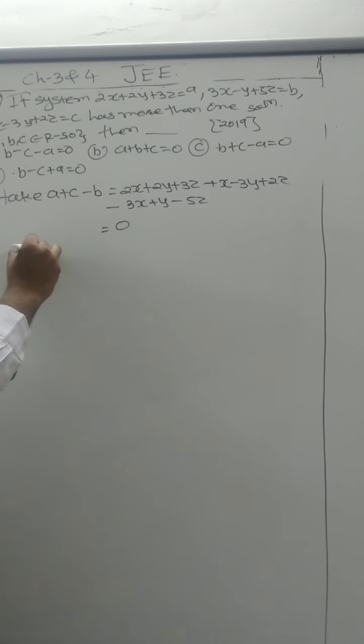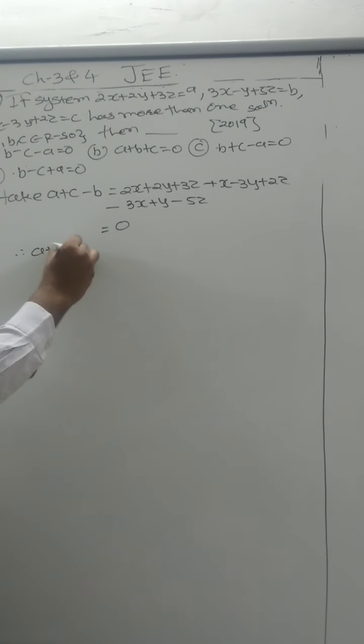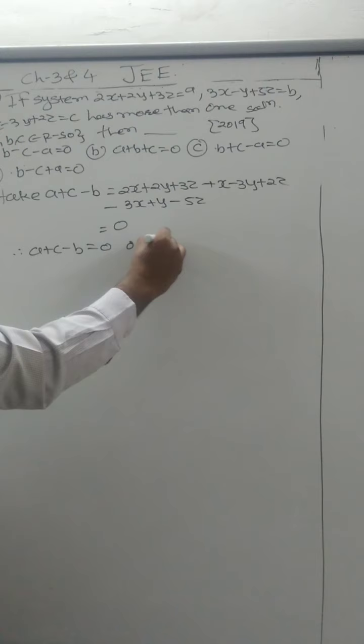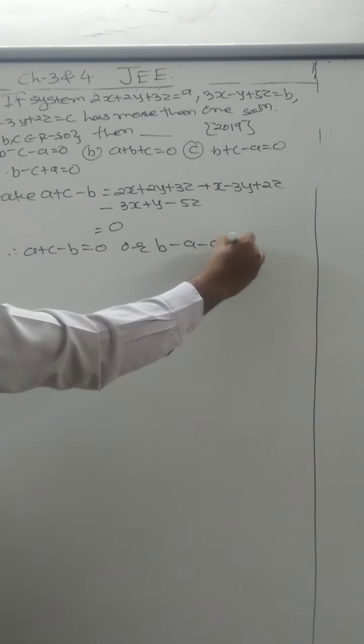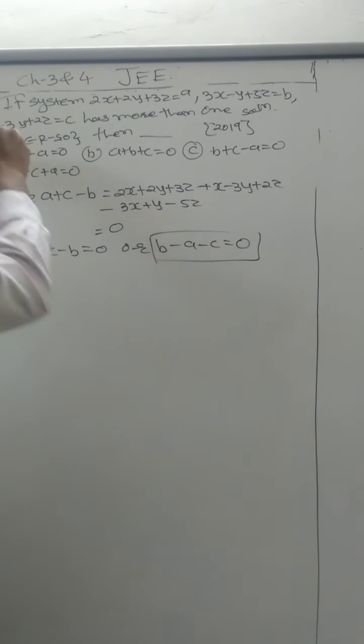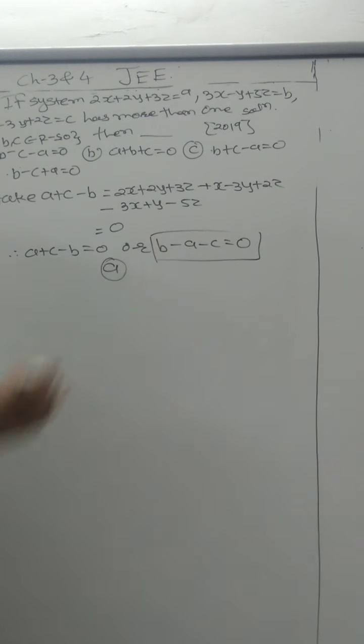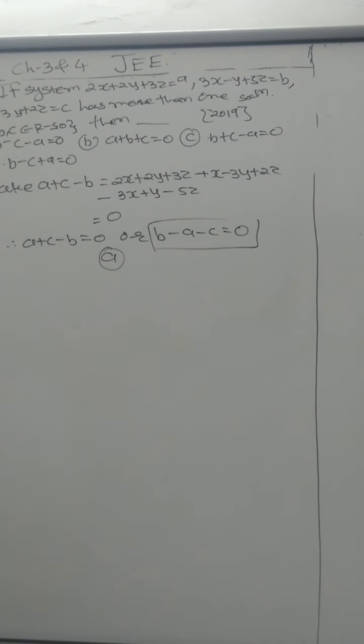So either A plus C minus B equal to 0 or B minus A minus C equal to 0, which is our first answer, A. A is our answer. Okay, then we go for the next one.